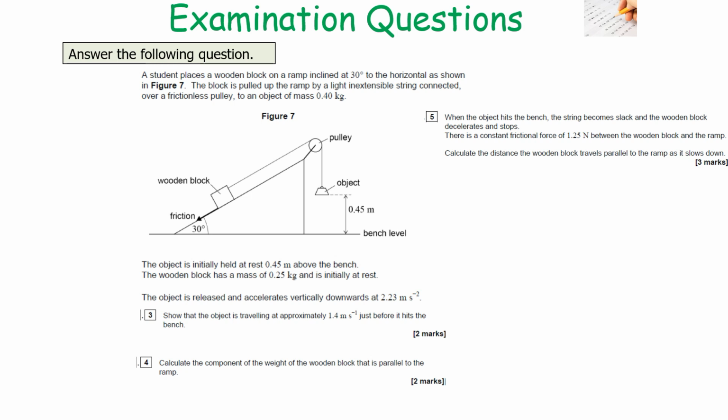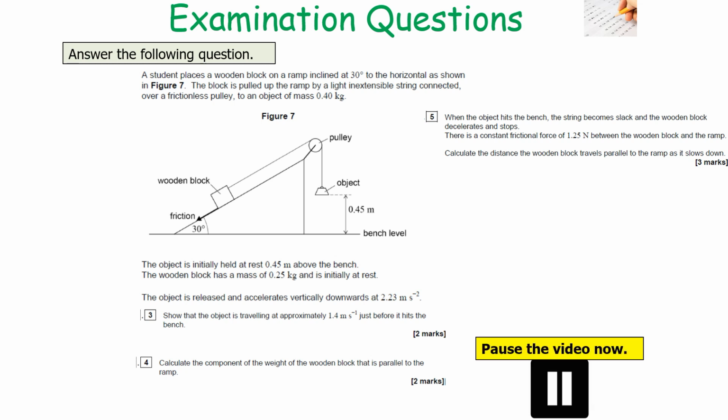Calculate the component of the weight of the wooden block that's parallel to the ramp. And then when the object hits the bench, the string becomes slack and the wooden block decelerates and stops. There's a constant frictional force of 1.25 newtons between the wooden block and the ramp. Calculate the distance the wooden block travels parallel to the ramp as it slows down. So pause your video now, then unpause the video when you want to go through your answer.